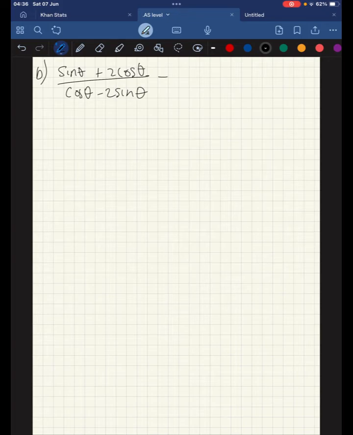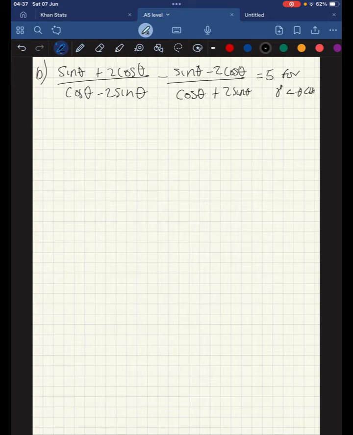All right. That was part A. For part B, they say solve the equation for theta between 0 and 180 degrees.